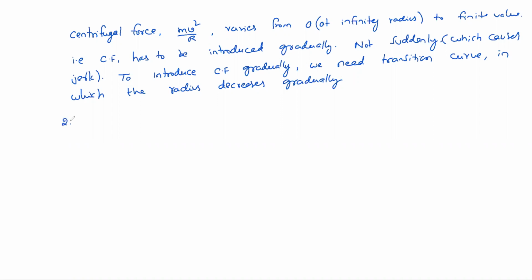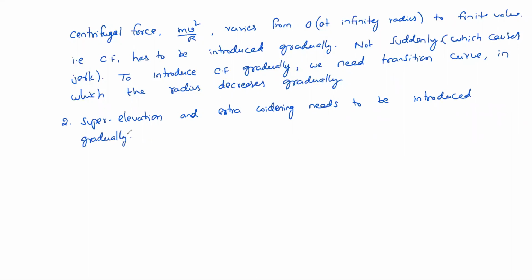Second thing, that is first one. Second thing, super elevation and extra widening need to be introduced gradually. That means first cambered section will be like this.